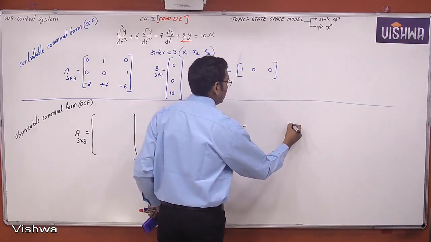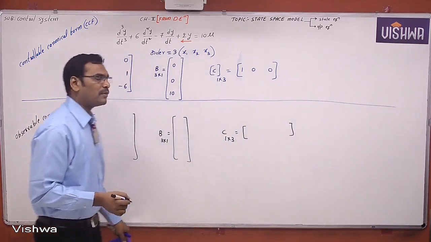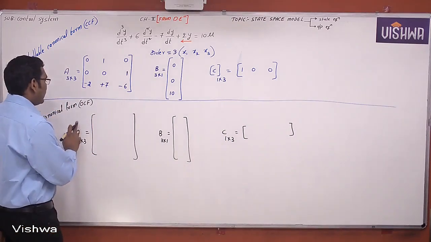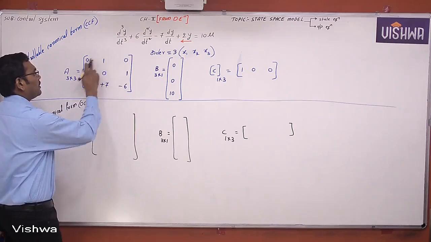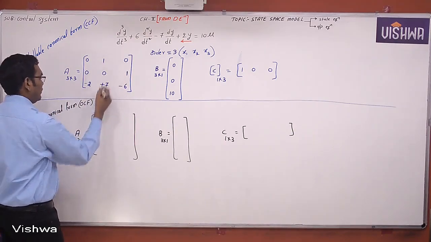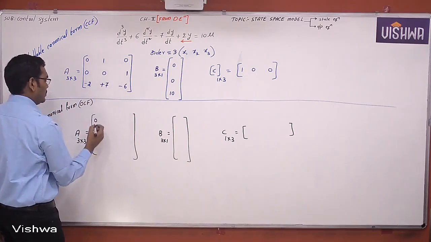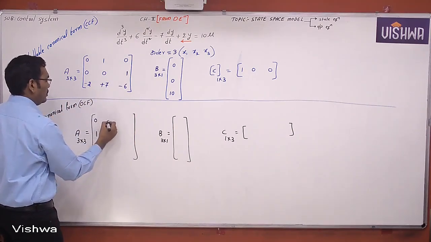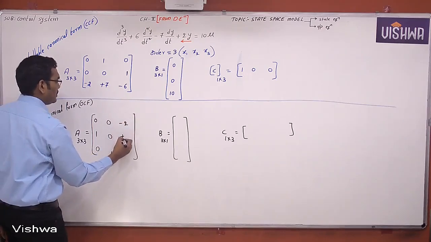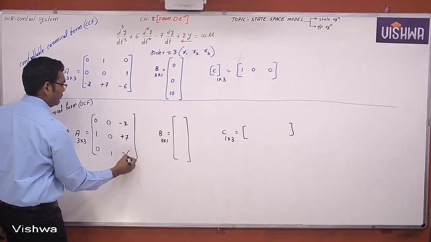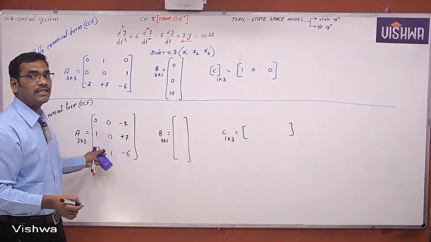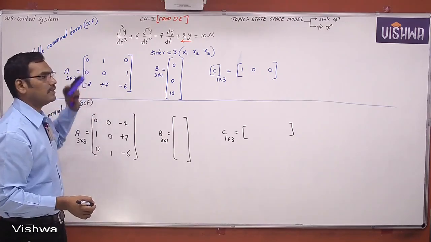Matrix orders are not affected in observable canonical form, only the elements are affected. So the A matrix in observable canonical form is a transpose of the A matrix in the controllable canonical form, which means that 0, 1, 0, 0, 0, 1, minus 2, plus 7, minus 6 is transposed. This is the A matrix in observable canonical form.